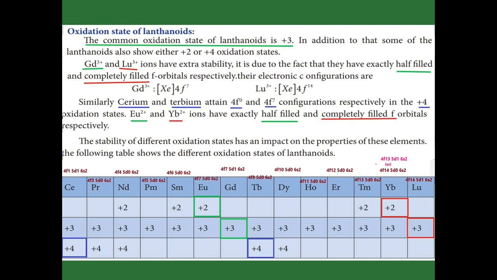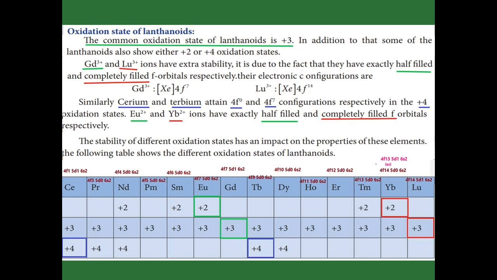In terbium, the outer electronic configuration is 4f9 5d0 6s2. If we lose the 6s electrons and 2 electrons from 4f9, it gains the oxidation number +4, so it is a stable one.